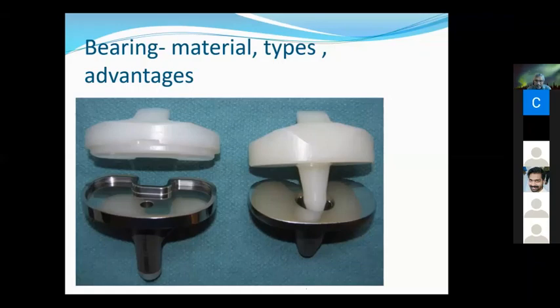So the laxity of the ligaments is also important. You have a point there, Johnsy. You just qualify that. You said laxity of ligaments is important.